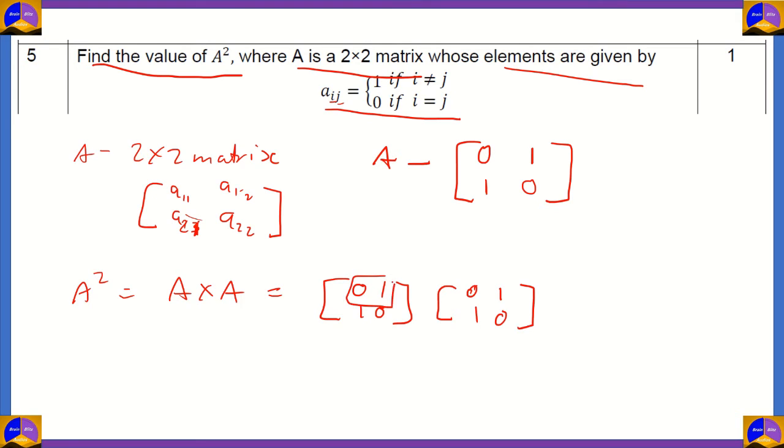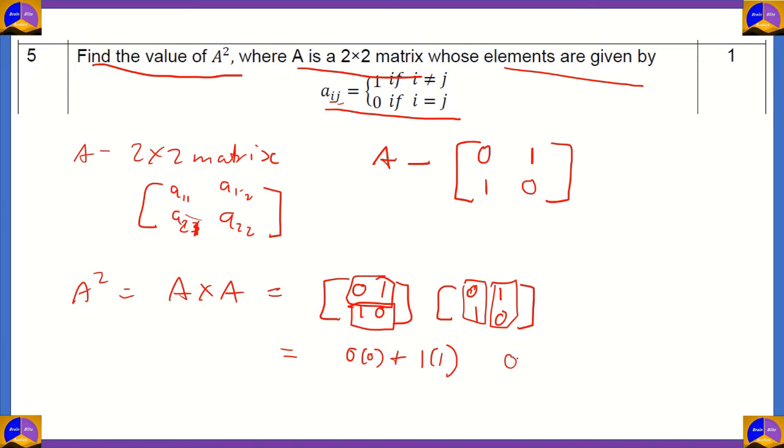First, we multiply the first row to the first column, then the first row to the second column, then the second row to the first column, and then the second row to the second column. And that is how you multiply in matrices. So when we're taking that order, the first term will be 0 times 0 plus 1 times 1.